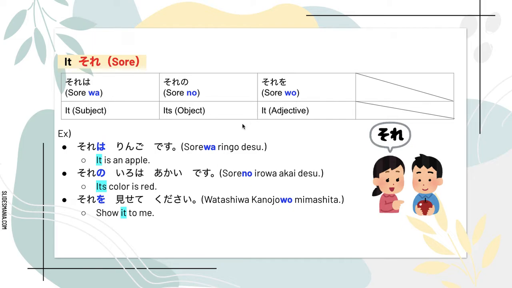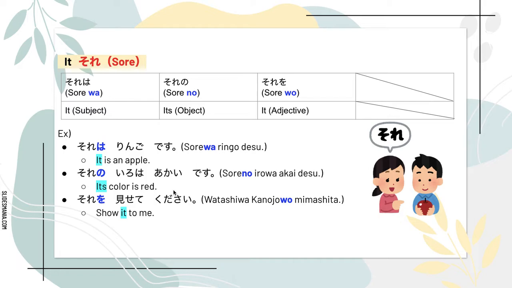Let's look at it in the examples. "It is an apple." In this case, it refers to the subject. So it'll be それはリンゴです。 Ringo means apple.